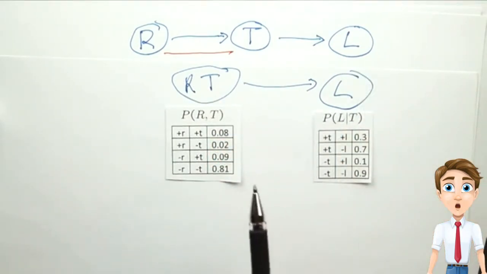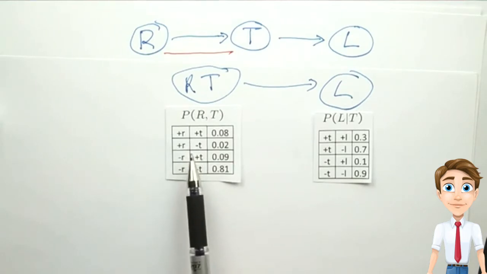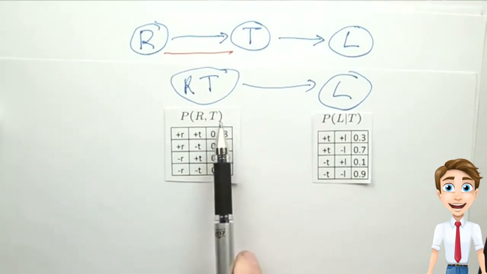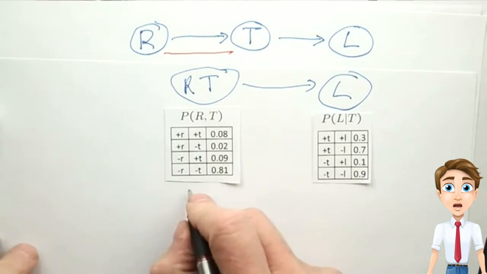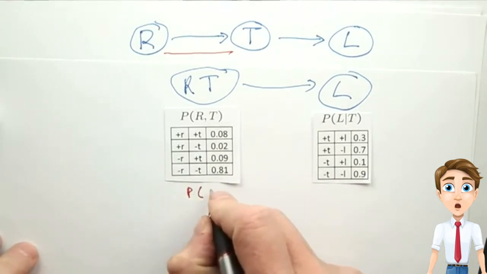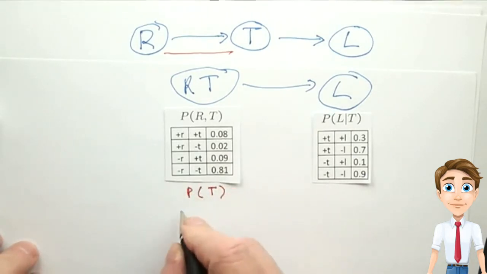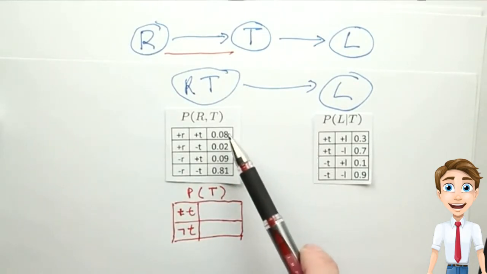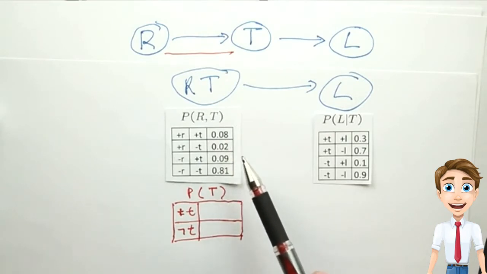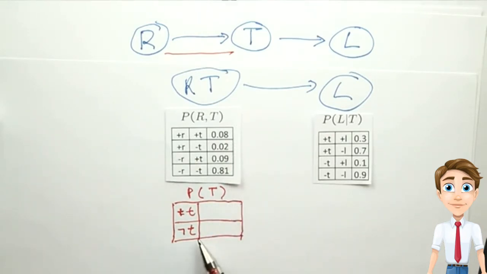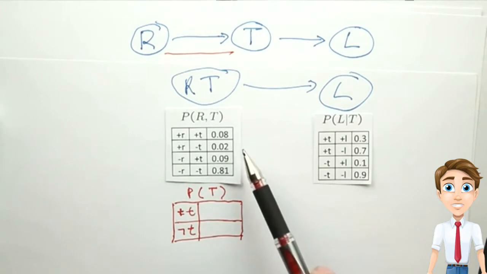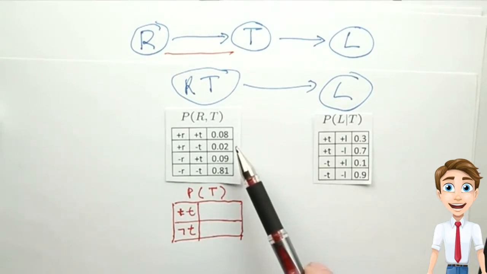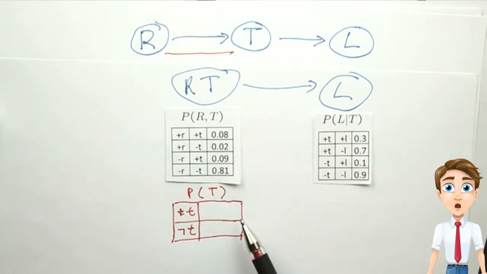We can sum out or marginalize over the variable R to give us a table that just operates on T. So the question is to fill in this table for P of T. There'll be two entries in this table, the plus T entry, formed by summing out all the entries here for all values of R for which T is positive, and the negative T entry, formed the same way by looking in this table and summing up all the rows over all values of R where T is negative. Put your answers in these boxes.